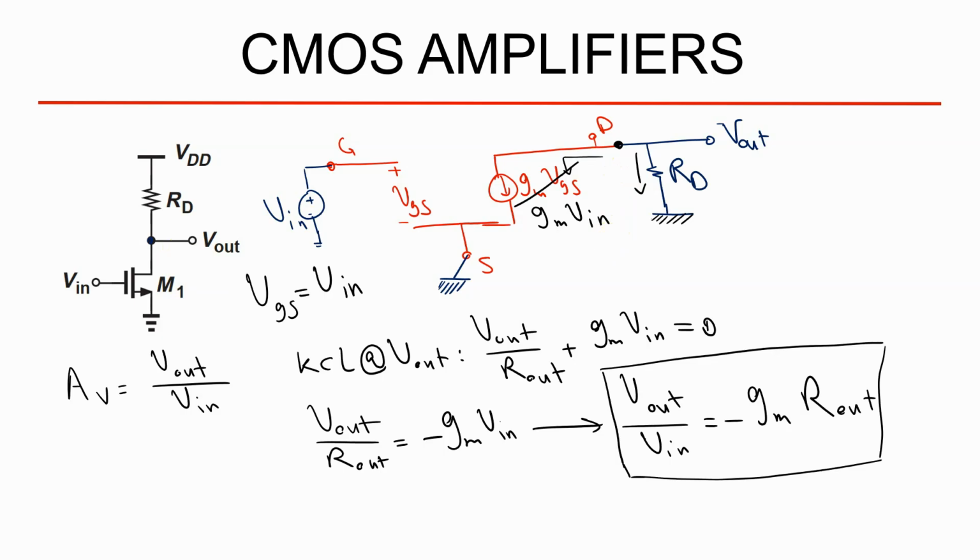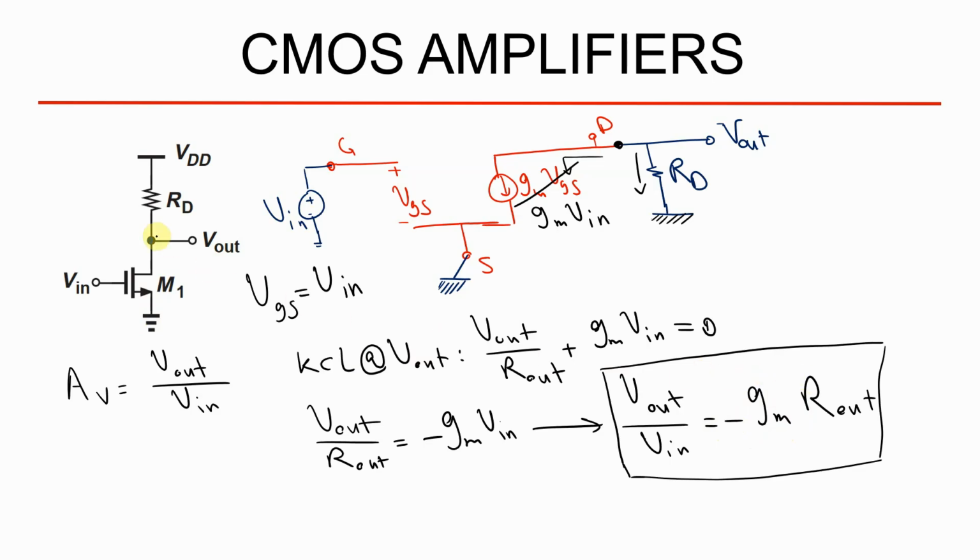But look at this formula for this amplifier, minus gm RD. This negative sign says that there is a 180 degree phase difference between the drain and gate of this amplifier, and gm is dependent on the current of this device.